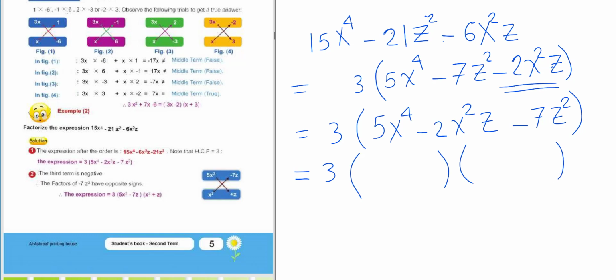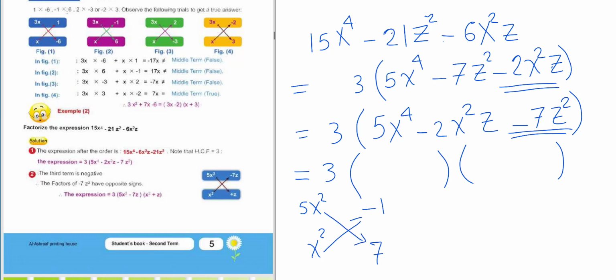Do some trials. 5x⁴ is the product of 5x² times x². 7z²: 7 is a prime number, the product of 1 times 7. It's negative, so the two numbers have different signs: negative 1 times 7 or 1 times negative 7. Let's take negative 1 times 7.